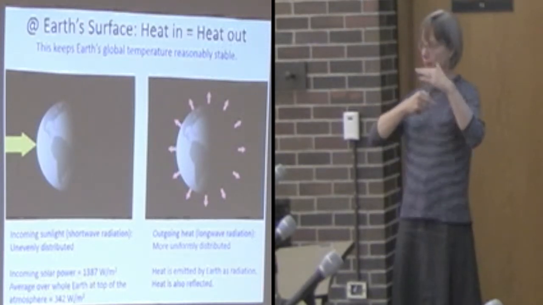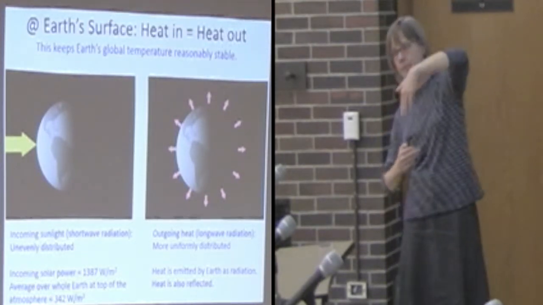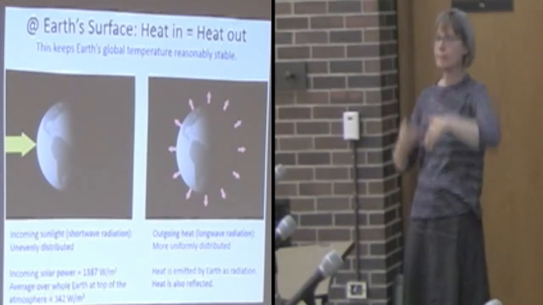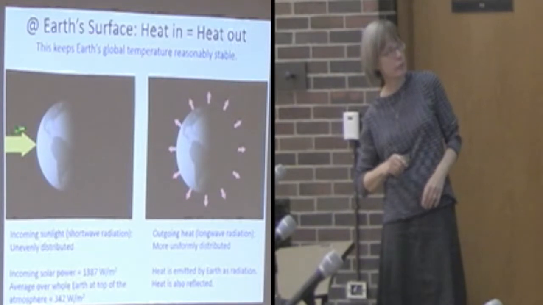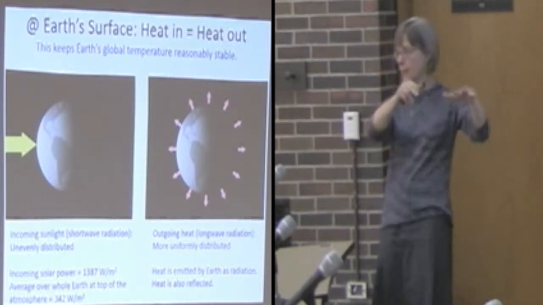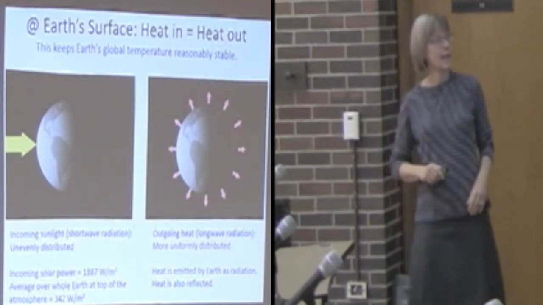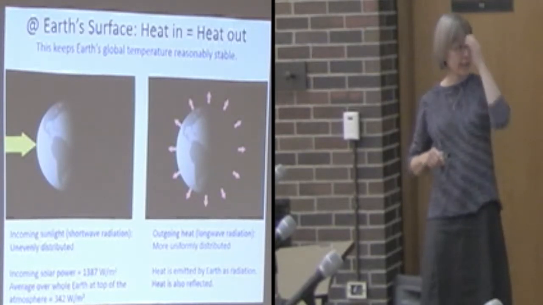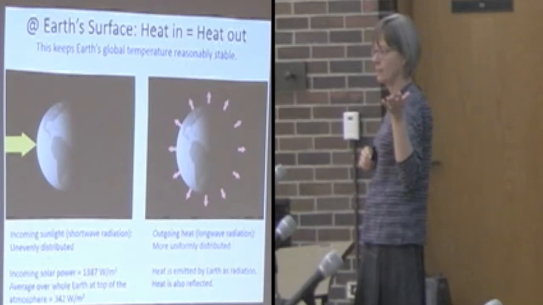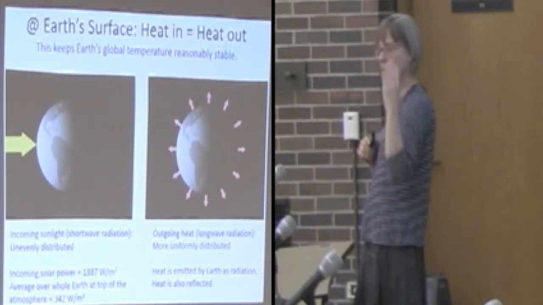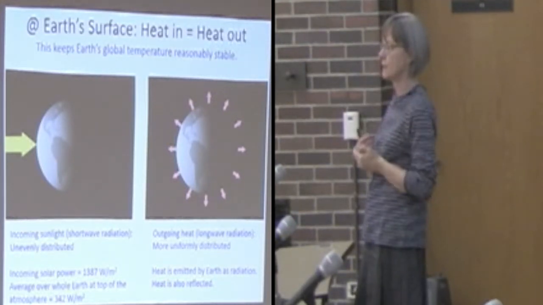So we have to keep the heat that's coming in from the sun matching whatever heat is coming back out of the Earth. Okay. So here's a picture of the Earth, and this yellow arrow coming in is the sun energy, and it's coming in as shortwave radiation, and it's unevenly distributed. What does that mean? Where's it coming in at the highest intensity?